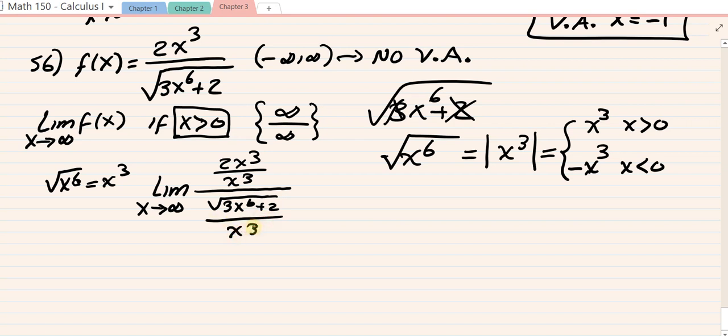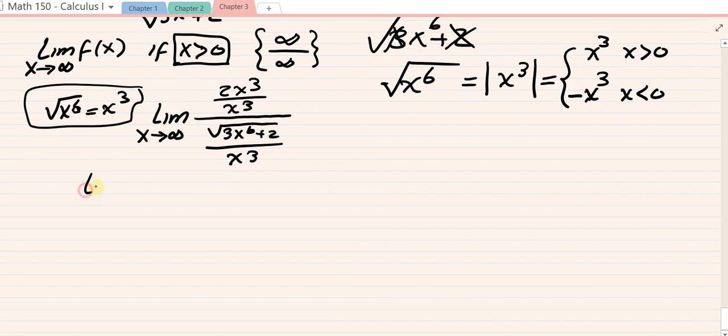Now somehow I need to incorporate in the denominator that x cubed with x to the 6. So why don't we take advantage of that expression? I'm going to rewrite this limit as the limit as x goes to infinity of, in the numerator, 2.